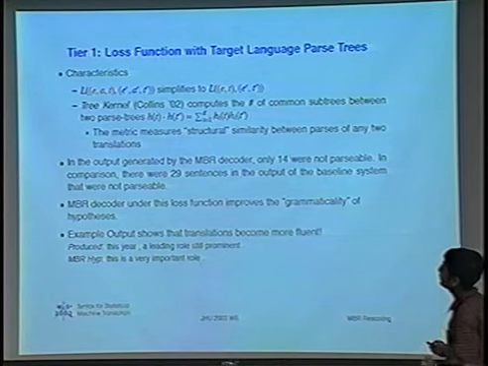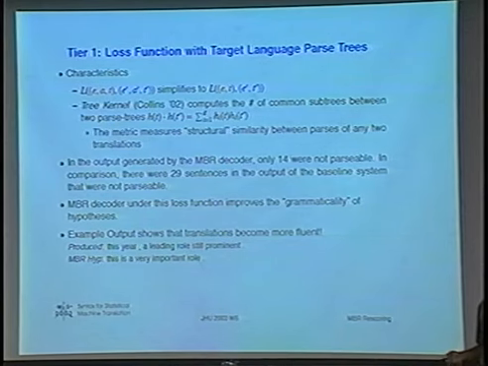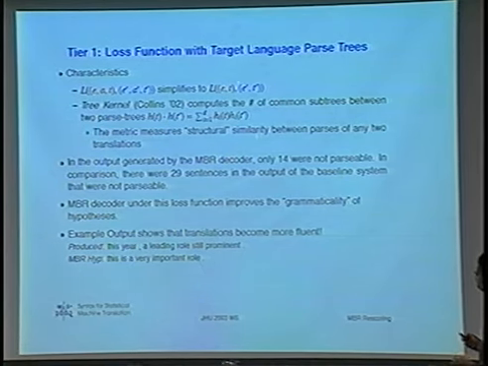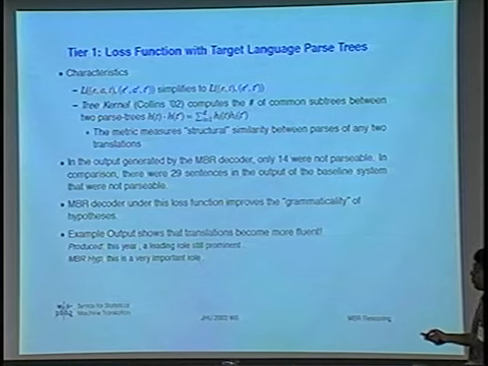So we are looking at the parse trees. And the loss function which we thought was interesting was this idea of the tree kernel of Collins from last year's EMNLP, where the idea of a tree kernel between any two trees is to compute the number of common subtrees between the two parse trees. So in fact, each tree has a very high dimensional representation, and this tree kernel computes a dot product in that representation.